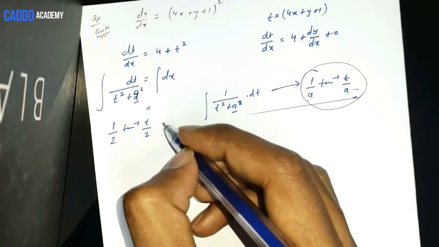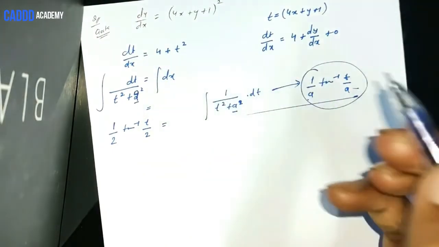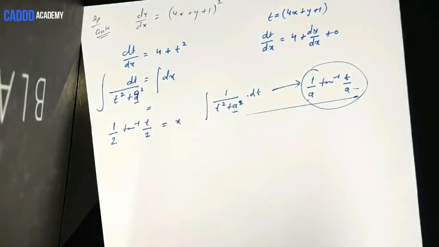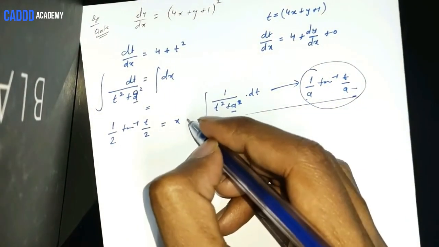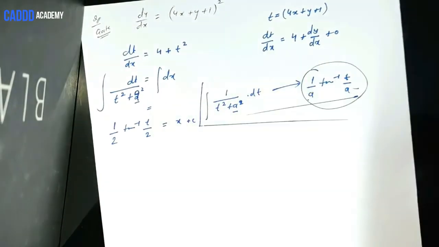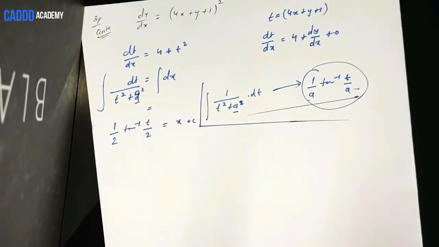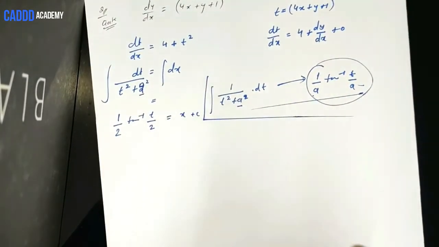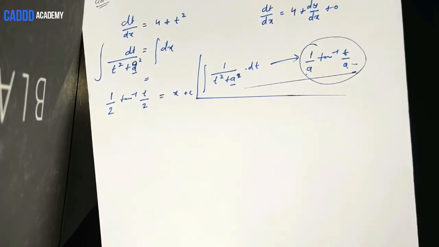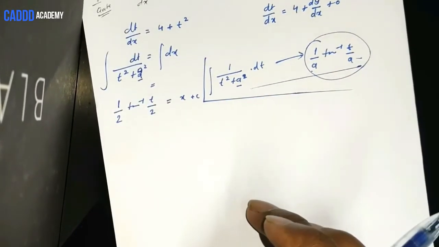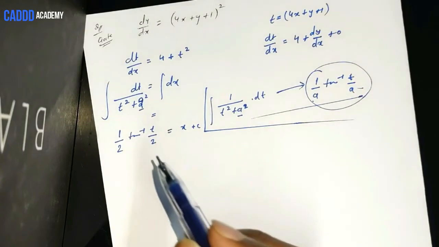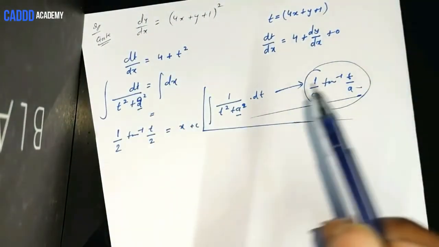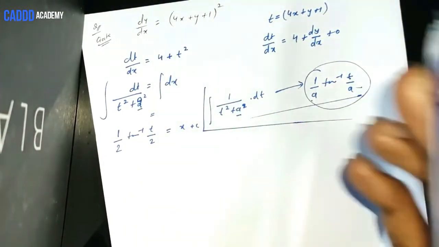And the integration of dx is just x, and since we are integrating, we will take a constant. Now at this time we will not take the constant as ln c, because we don't have an ln term, so we can't cancel the term like we did before. This is the solution of this equation, but we have to get the solution of the original equation.